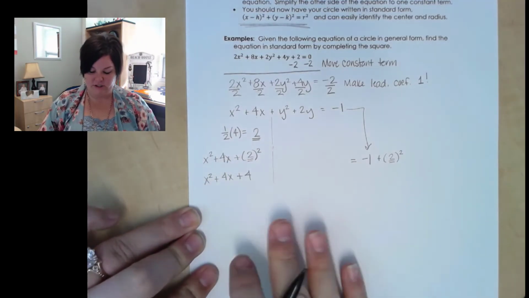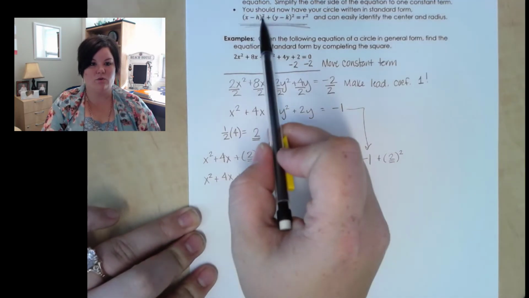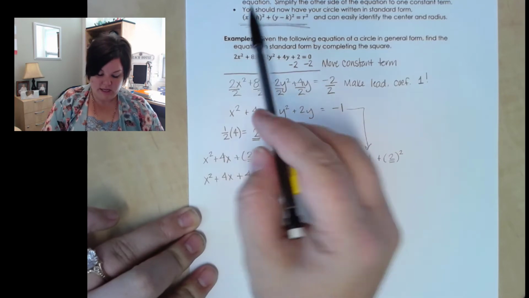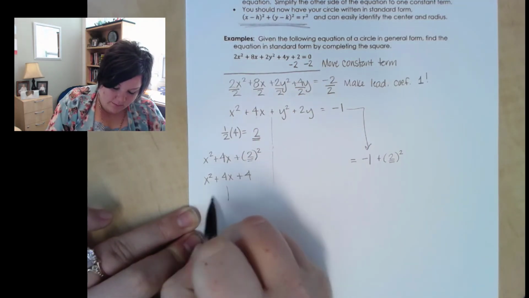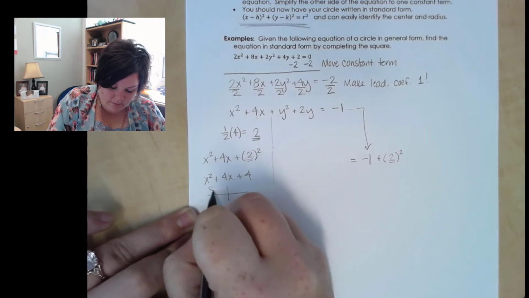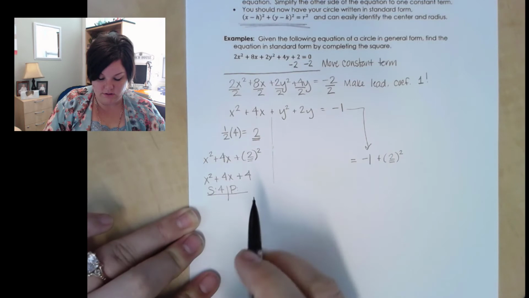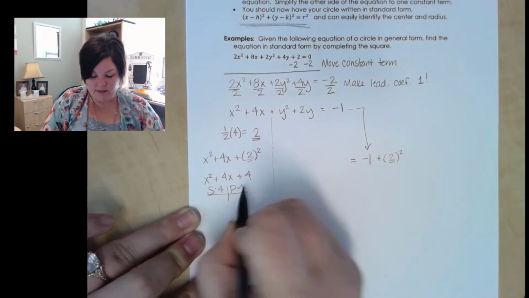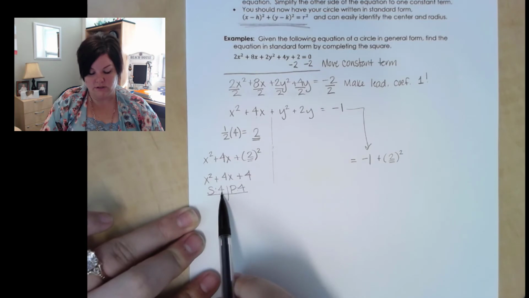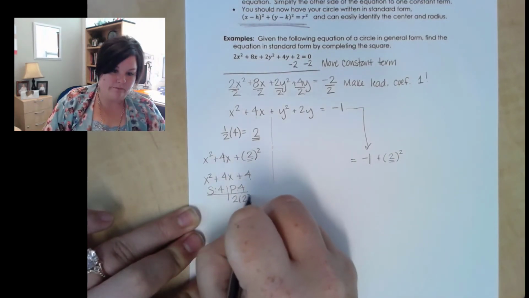Actually, let's just keep going. Let's go ahead and finish this out because remember, I want to end up with an x squared quantity. So then this should be something that factors. So I'm going to check it with my sum product chart. My sum is 4, that's my middle coefficient, and my product is also 4 because I do my first coefficient times my last. So something that sums to 4 that also multiplies to 4 would be 2 times 2, right?